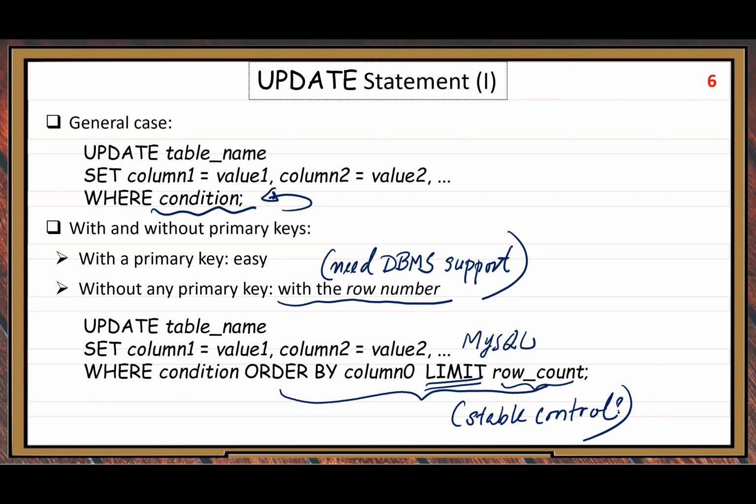So then, DBMS with row number functions. Here I give you a few examples of DBMS with a row number function. Microsoft SQL Server has this function. Oracle has this function.